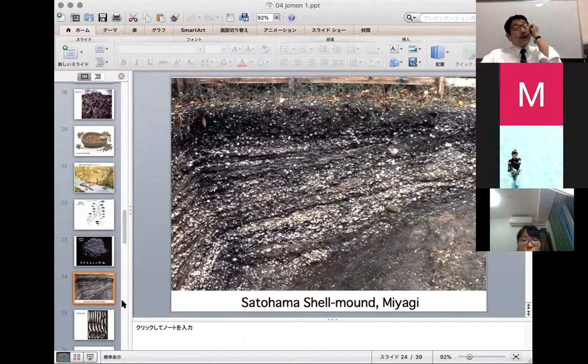In some parts, the shell mound was formed so much. One of the largest shell mounds in Tokyo area will be like 4 meters, 5 meters deep, just a stack of shell, only of the oyster and clam shell of the big size. It's amazing to see that. They had so much activity around the coastal area too.